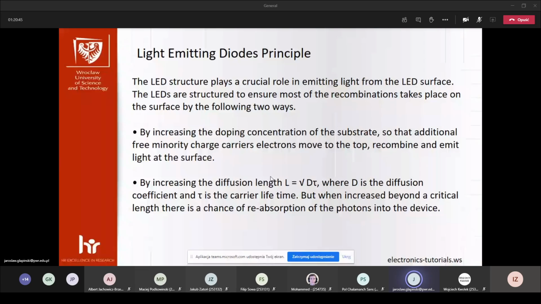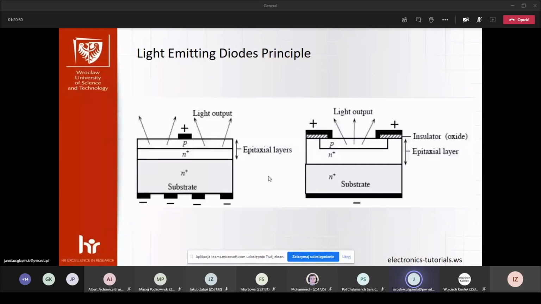So we've got something like this: the P layer and two layers of N. One N layer is more doped to have a proper band gap energy, which is equal to a special wavelength and a special color.